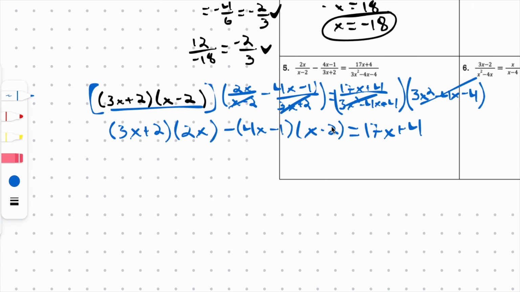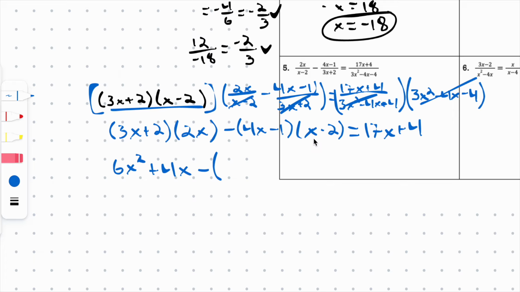And now we just need to do a lot of foiling and combining like terms so we can solve for x. When we multiply these two parentheses, we get 3x times 2x, which is 6x squared, plus 2 times 2x, which is plus 4x. And then this is subtract, and I'm going to put parentheses around all of this.